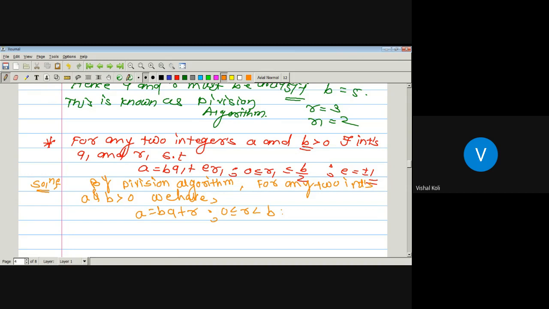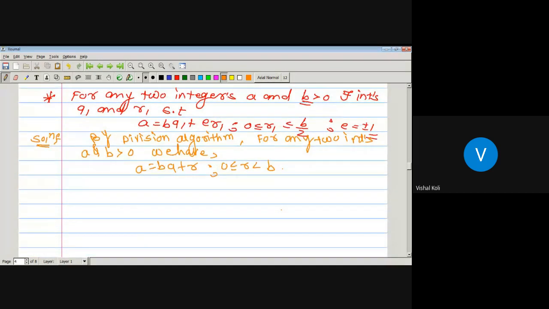That is just the division algorithm. But we have to prove that a is equal to bq1 plus er1 for some integers q1 and r1, where r1 lies between 0 and b by 2 and e is equal to plus or minus 1.